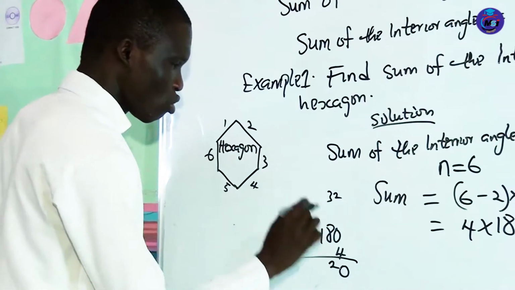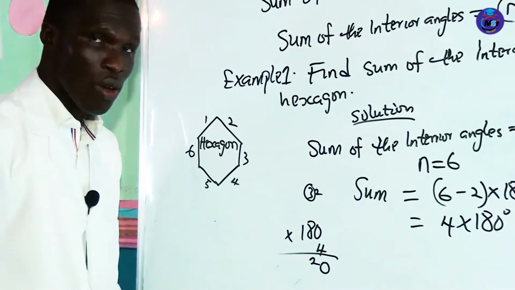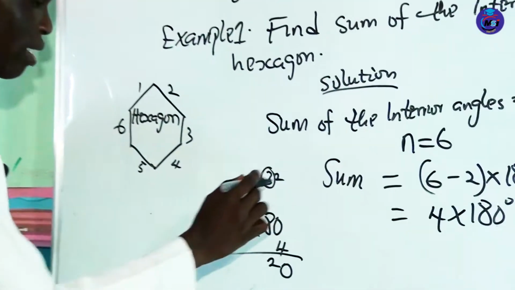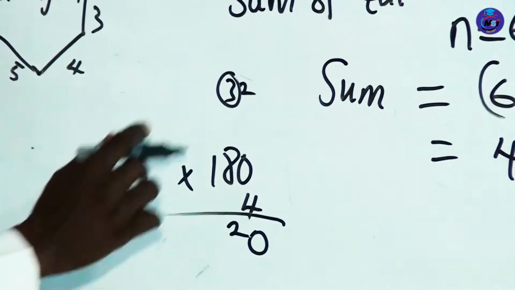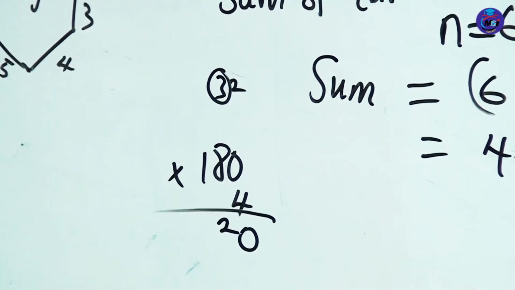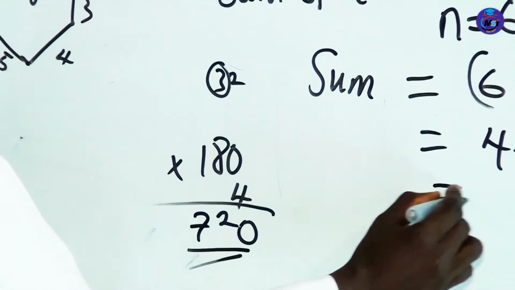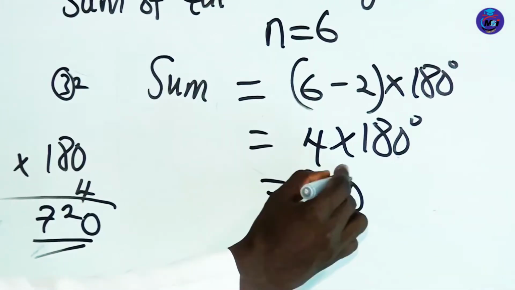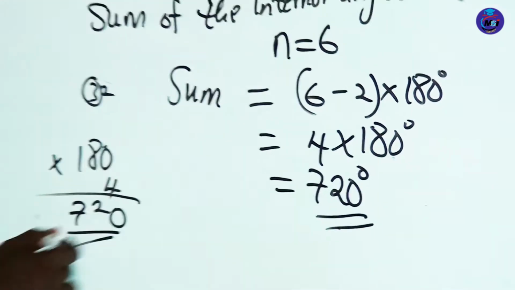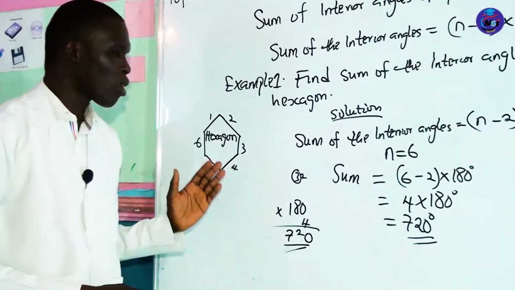We write 2, remain 3. 4 times 1 will give us 4. Remember, we have 3 here. 3 plus 4 will give us what? Can you tell me? Okay, 7. Therefore, we have 720 degrees. So this is the sum of the interior angles of what?